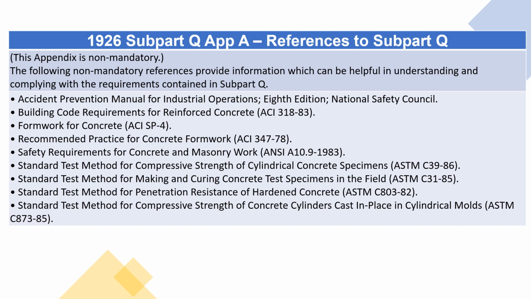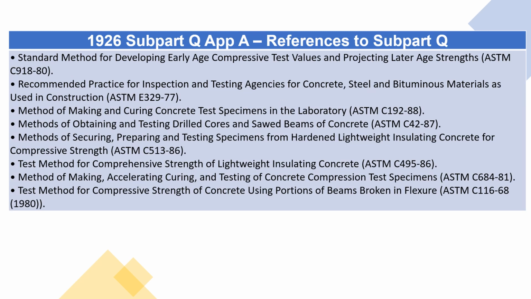Standard Test Method for Penetration Resistance of Hardened Concrete, ASTM C803-82. Standard Test Method for Compressive Strength of Concrete Cylinders Cast in Place in Cylindrical Molds, ASTM C873-85. Standard Method for Developing Early Age Compressive Test Values and Projecting Later Age Strengths, ASTM C918-80.